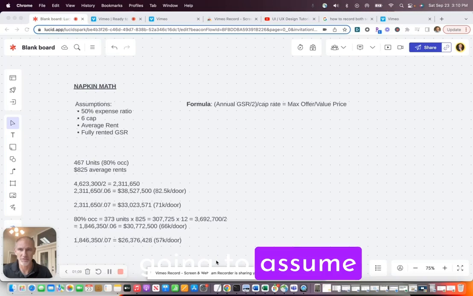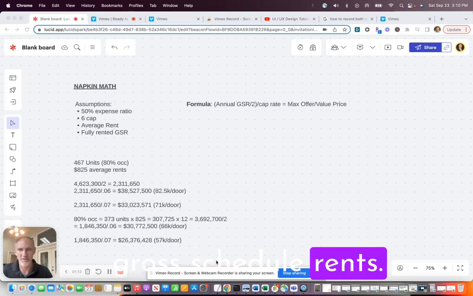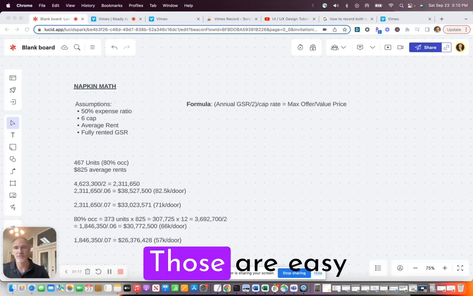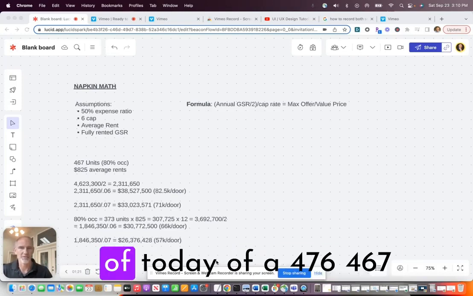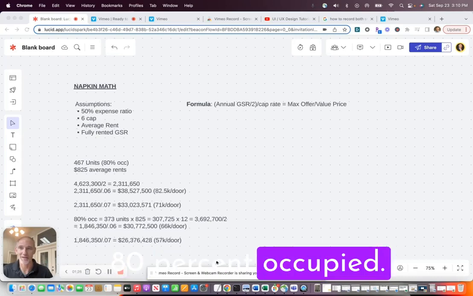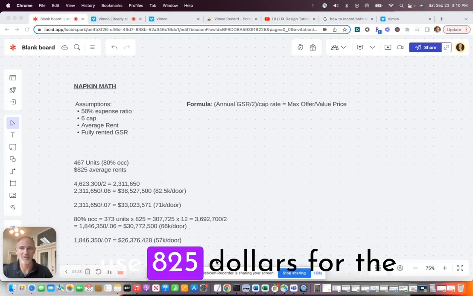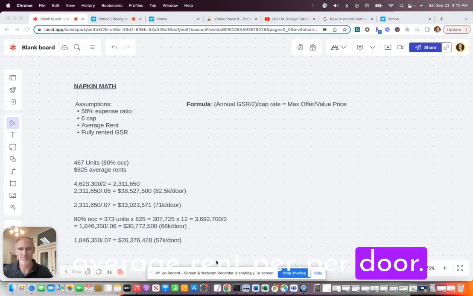Okay, and we're also going to assume that it is fully 100% rented for the gross schedule rents, the GSR. Once those assumptions are there, we know they're there. Those are easy levers to change. We're going to take an example today of a 467 unit building that's 80% occupied. Okay, and then we're going to use $825 for the average rent per door.